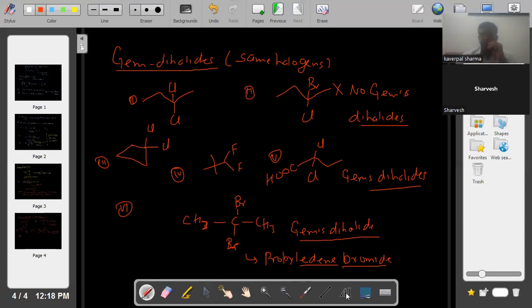So it is understood that if IDENE is present, it means two halogens are present at the same carbon atom. So you have to follow accordingly.